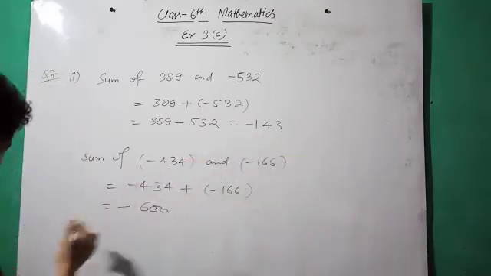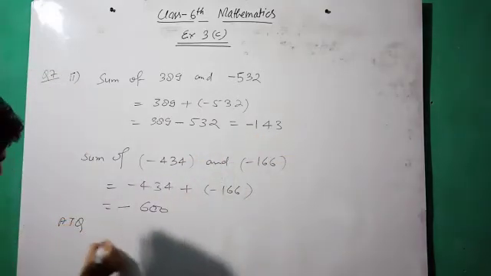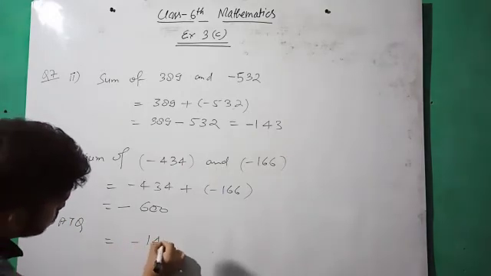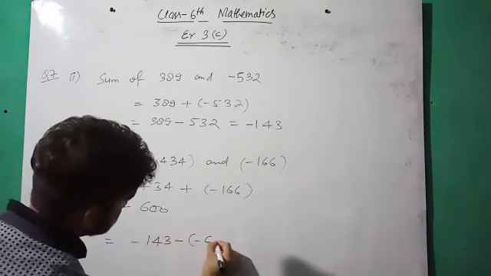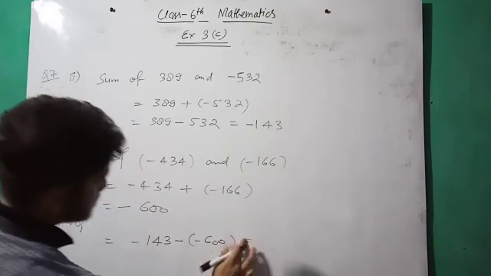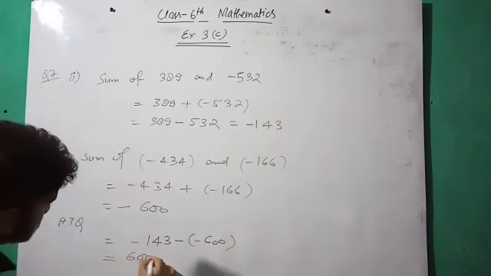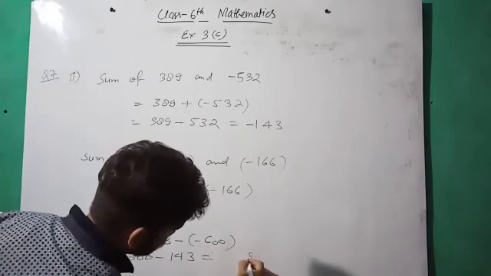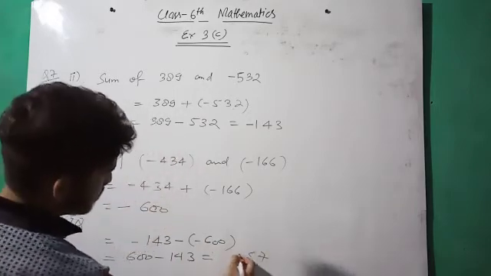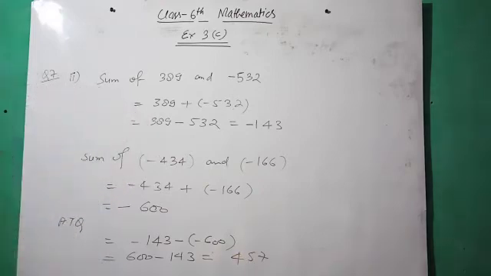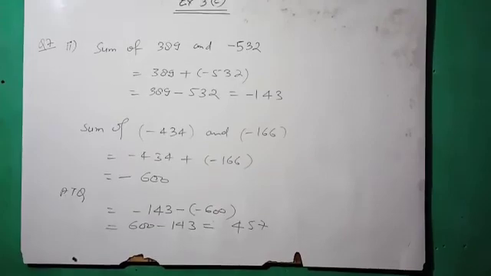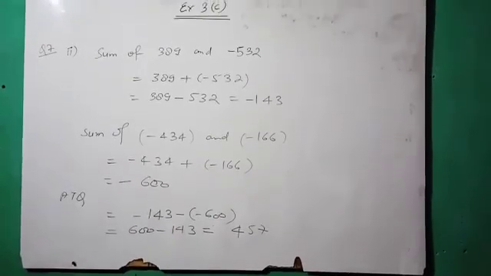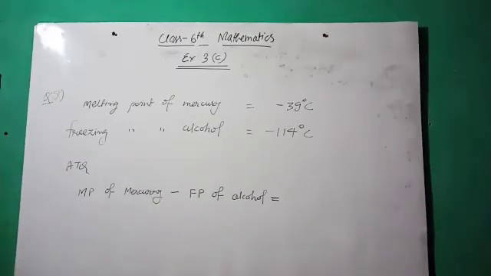As per the question, minus 143 minus minus 600. Like this we can take it as 600 minus 143. So the answer is 457. Okay, 457 is our answer.